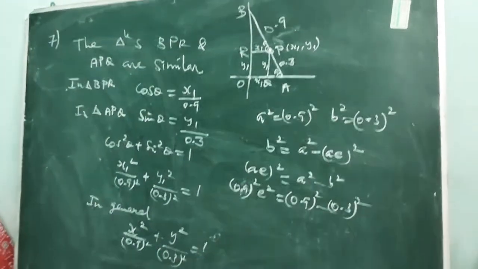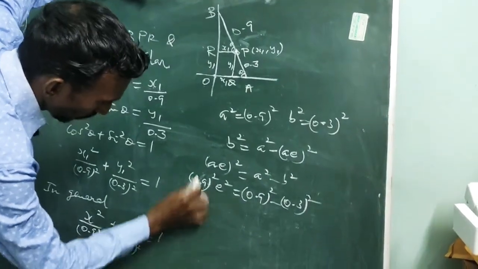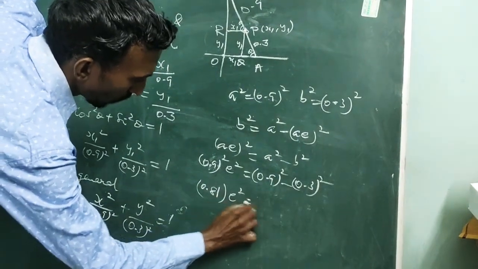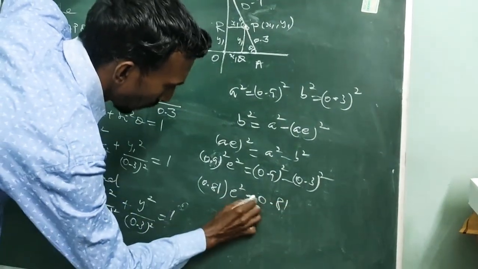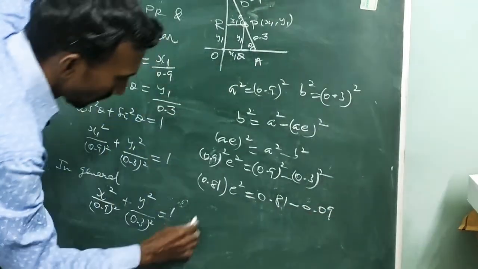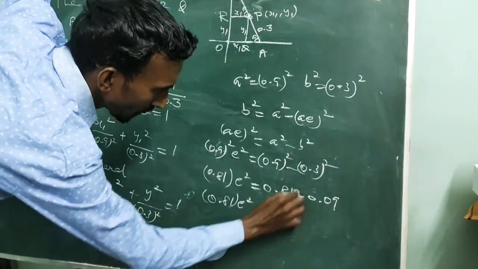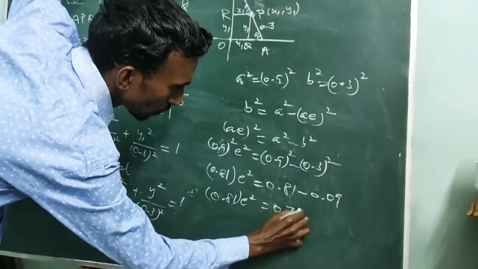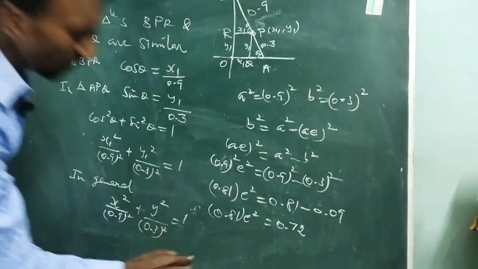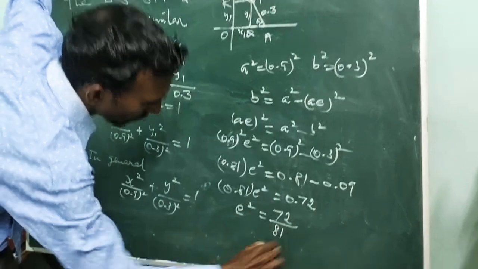Okay, so 0.9 the whole square is 0.81, e square equal to 0.81 minus 0.09. See, we subtract, we are getting 0.72. So both the sides 2 decimal, just leave it. So e square equal to 72 by 81.